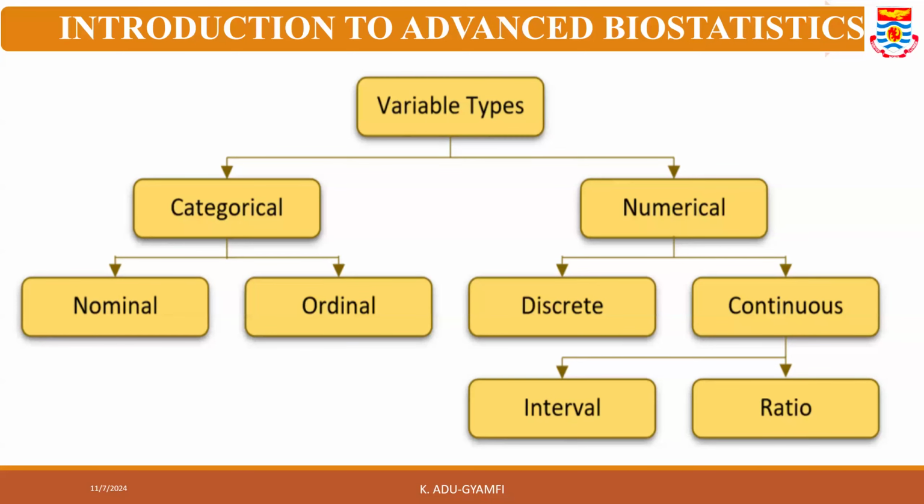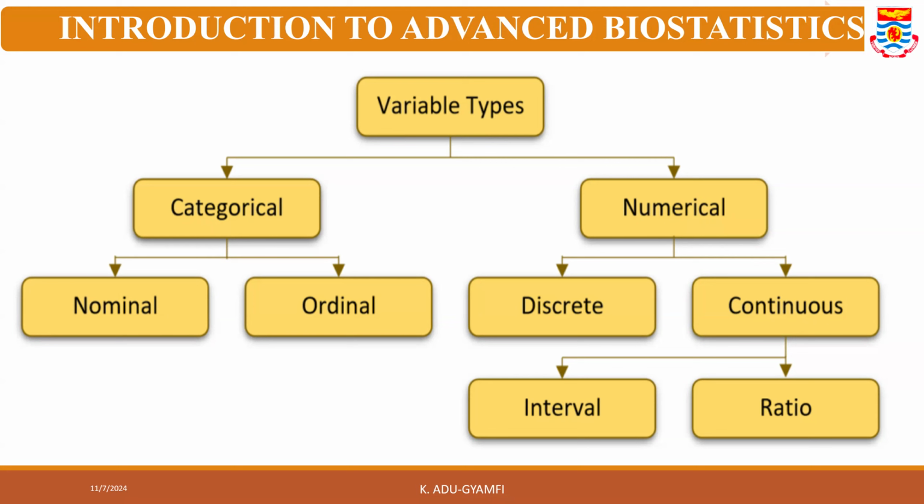When people use an instrument called a questionnaire in collecting data, should we consider the data collected as continuous or ordinal? When you go read about it, some people believe that when you use a questionnaire, you are dealing with ordinal data. Some of us believe that it's continuous.